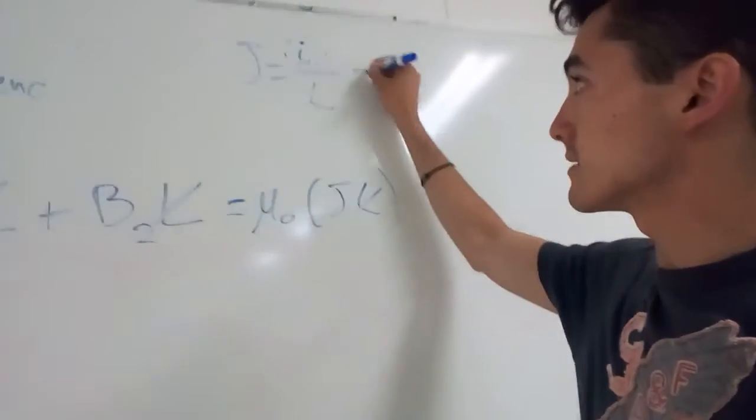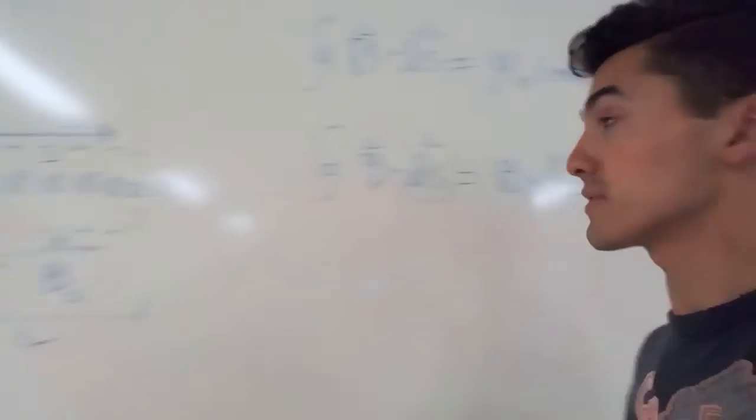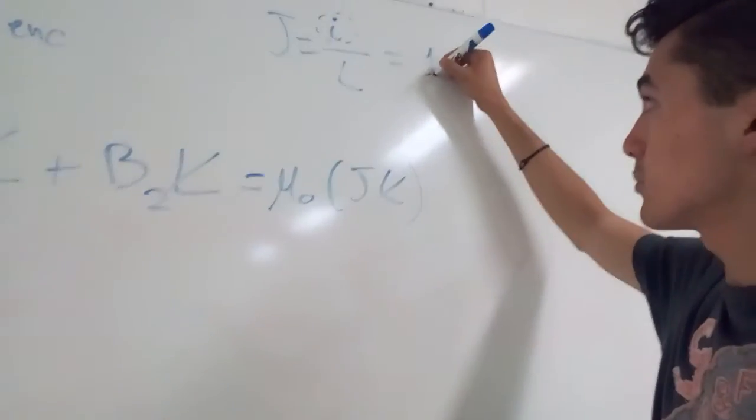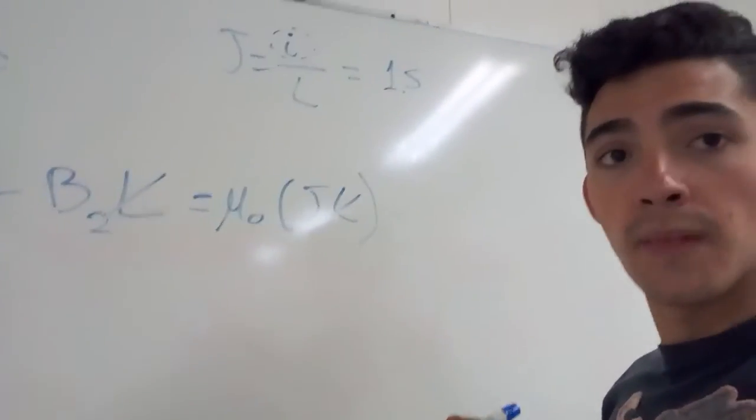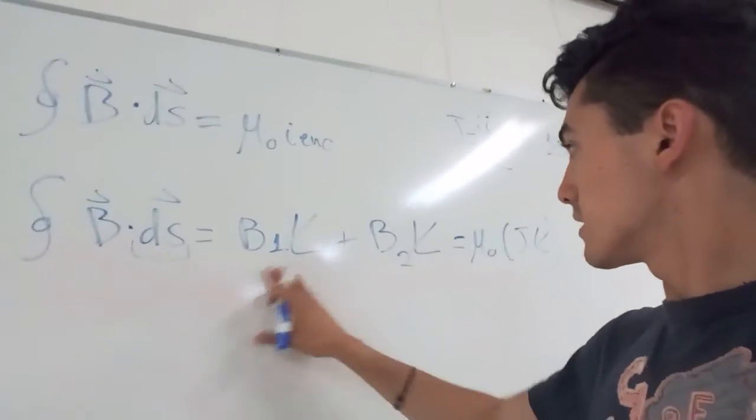And we know that the current density is equal to 1.5 amperes. So here we have 1.5 amperes.